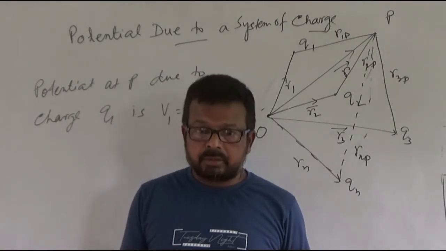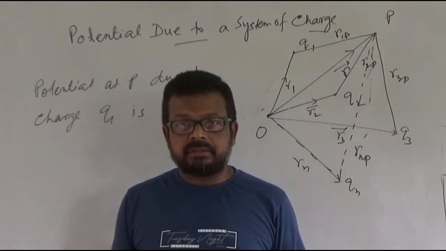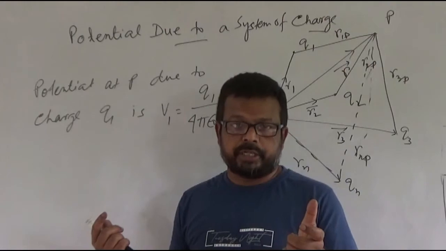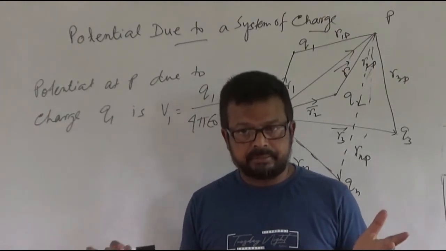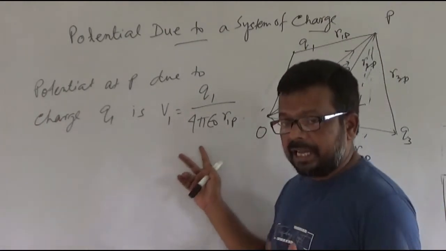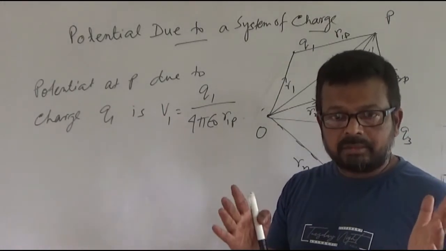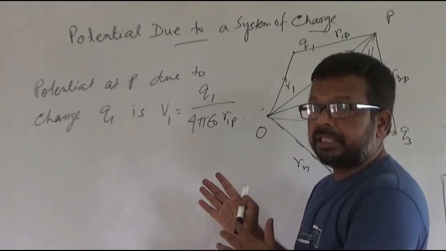Potential is not a vector quantity. It doesn't have any direction. So you just have to take the distance between the 2 points, not the vector, right? R1P is the distance between the charge Q1 and the field point P.